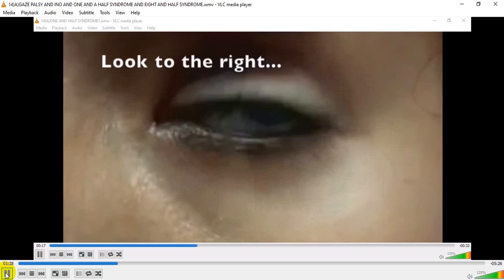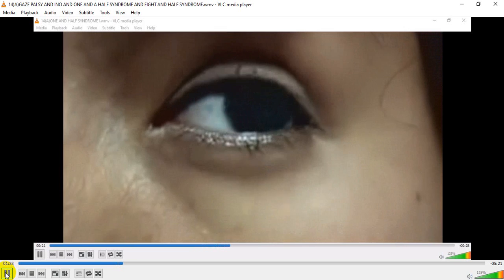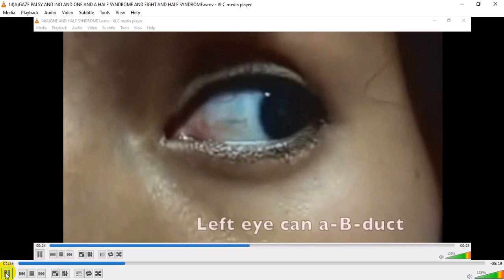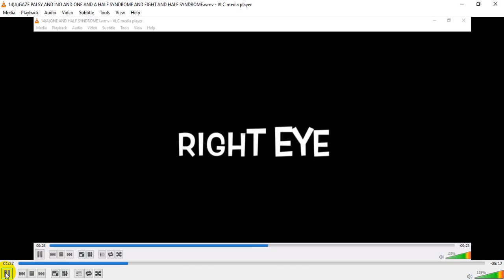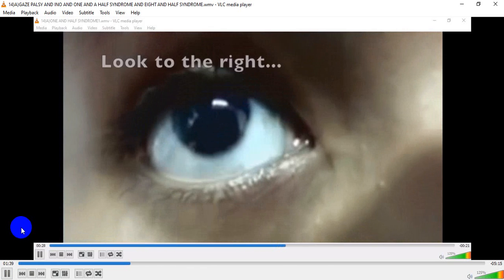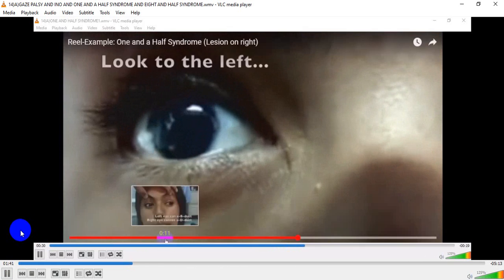Now you can see the left eye movement. In the left eye, when you ask to look to the right, the left eye cannot adduct. And when the person is looking to the left, the right eye cannot adduct.